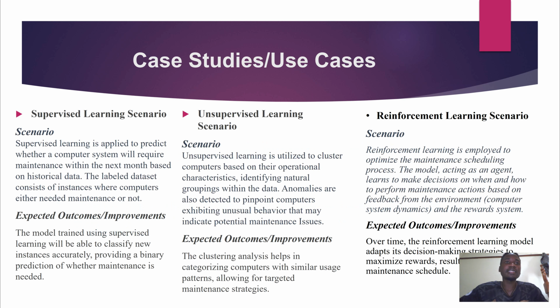The labeled data sets consist of instances where a computer either needed maintenance or not. So our expected outcome would be the model trained using supervised learning will be able to classify new instances accurately, providing a binary prediction of whether maintenance is needed.